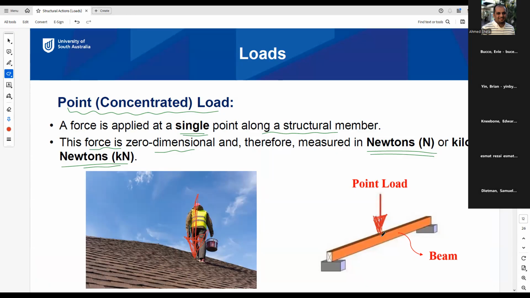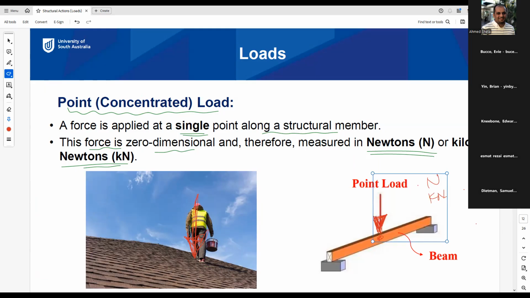So it is applied at a point. So this is a point load. The unit of point load is Newton or kilonewton, because Newton and kilonewton are the units of loads, so you can use either of them.